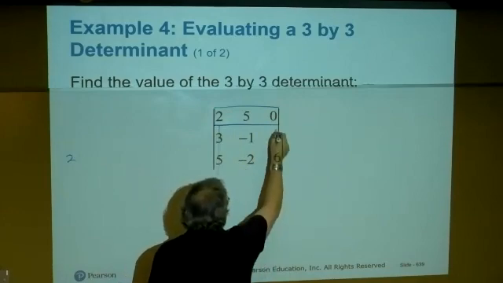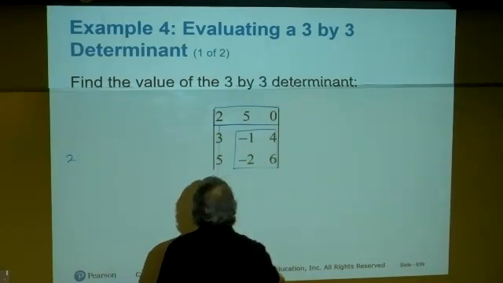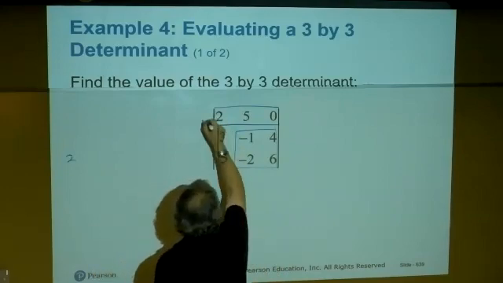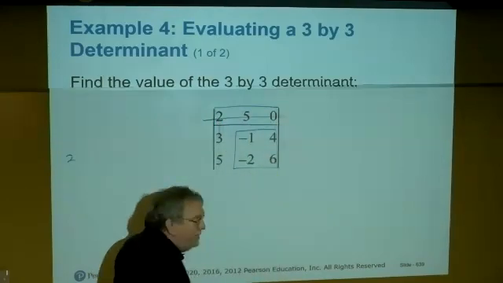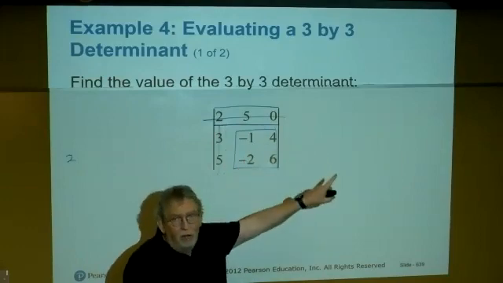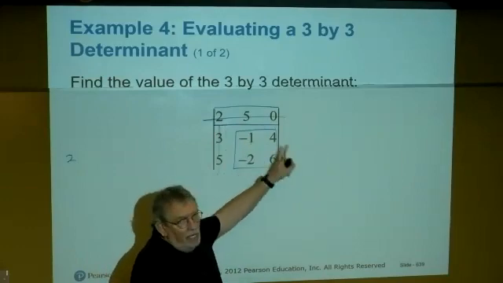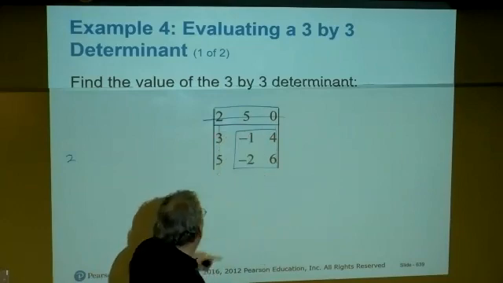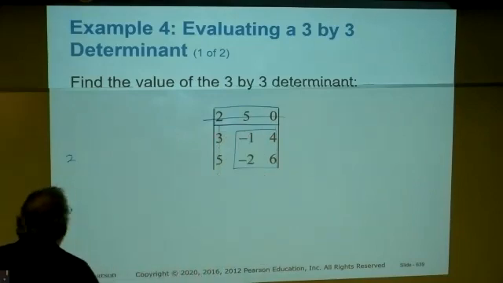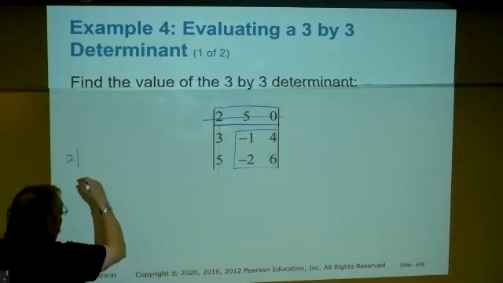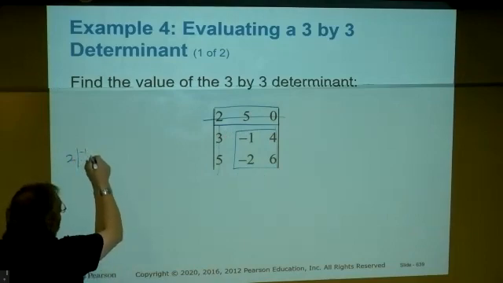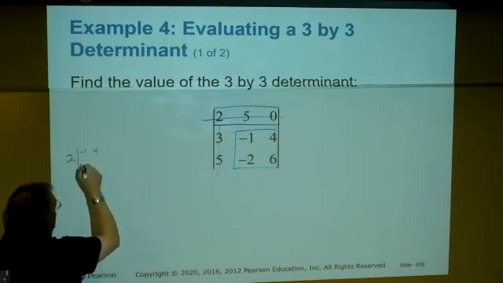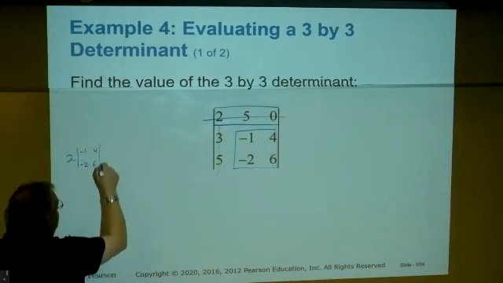So what's left are these 4 numbers. Okay, so for this row, for the entire thing, I'm not gonna use that row. What's gonna change is the column I'm not gonna use, depending upon whether it's 2, 5, or 0. So it's 2 times its minor. Its minor is the determinant of -1, 4, -2, 6.